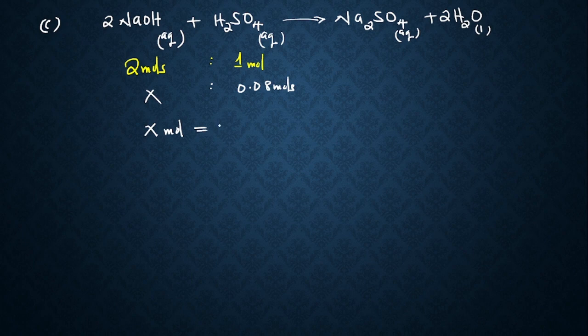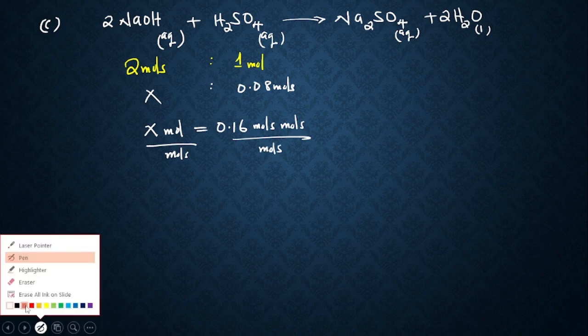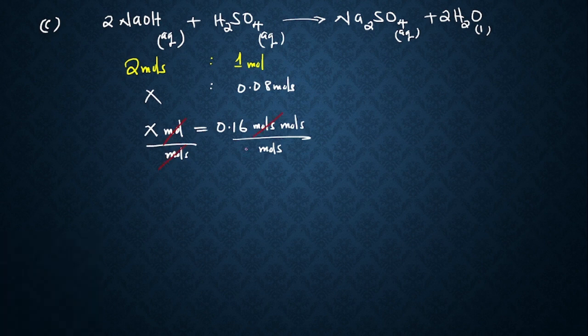It's going to give us 0.16 moles. So we'll divide with the moles on both sides, you cancel out, and you're going to remain with X being equal to 0.16 moles of sodium hydroxide. Now we are interested in the mass.